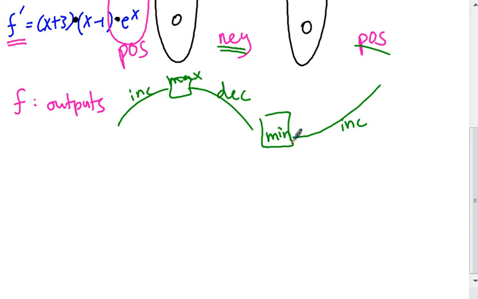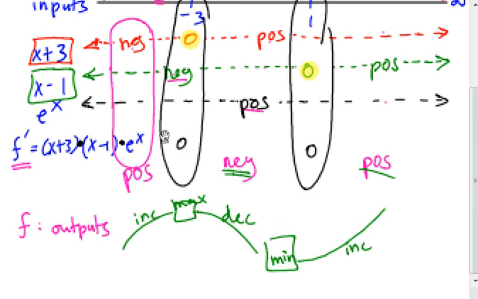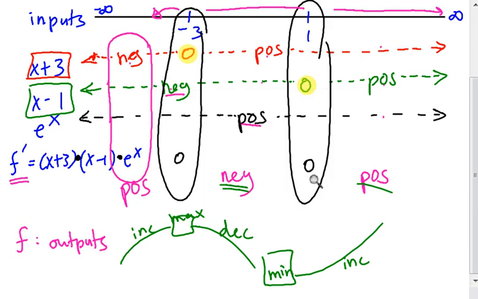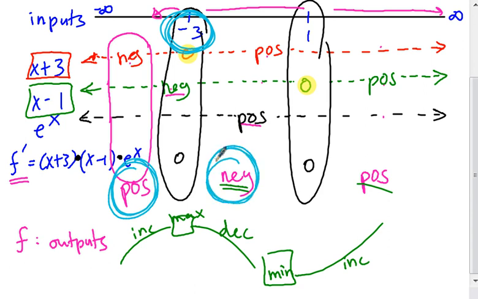All right, and let's put that into formal language using the first derivative test. So at the output of the critical number -3, we saw that the slope changed from positive to negative and is therefore signaling a local maximum.